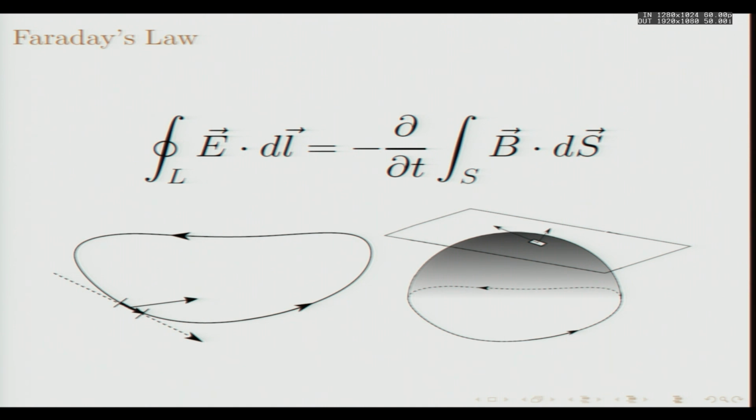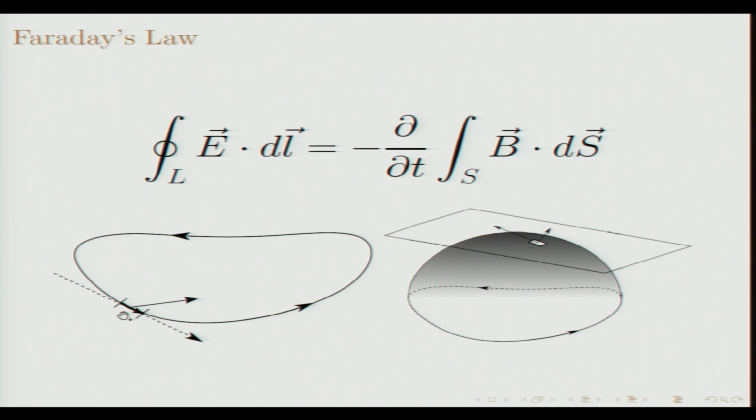What it says is that if you take a closed curve in space, and the circular symbol on the integral indicates a closed curve, then at every point on the curve I draw a tangent, and I also take an elemental length along the tangent, which I will call dl.